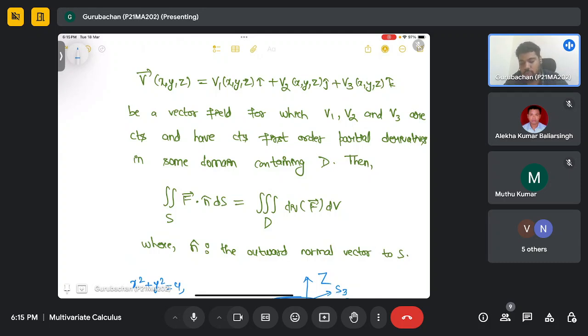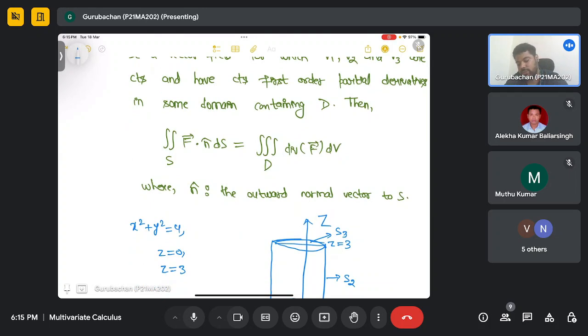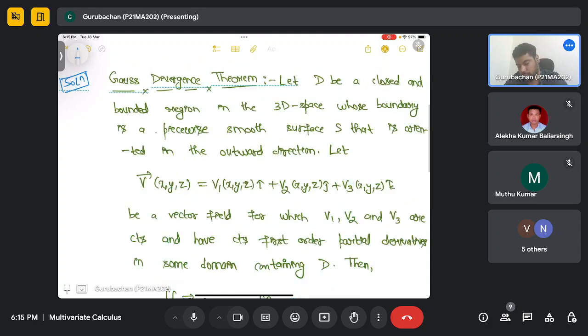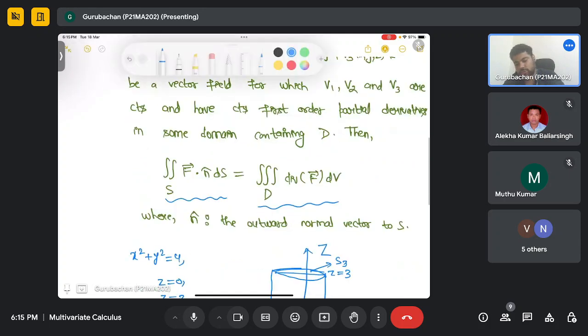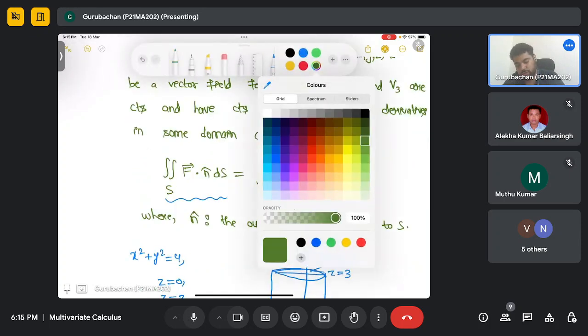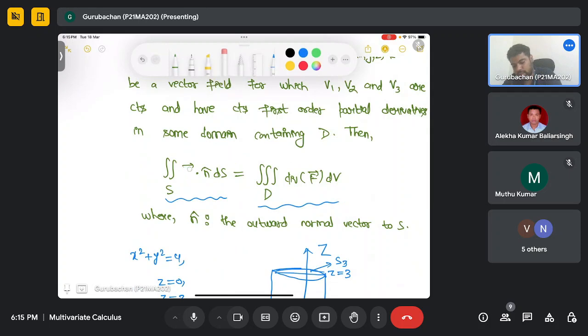Now we just need to apply it. First of all we have to calculate this surface integral, and the other thing is that we have to calculate this divergence. Here I have mentioned V above, so I should take V here also. So this dV is nothing but dx dy dz, or the order can be changed, dy dx dz.